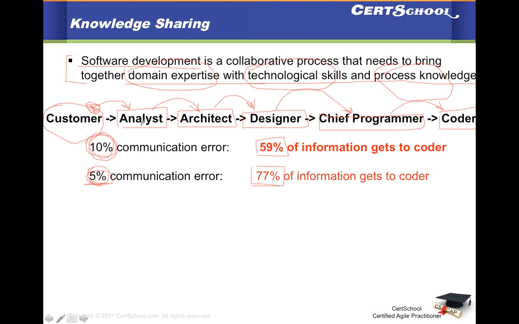So because of all this chain, you have lost more than 40% of the value just because of the way your communication is set up. And this is the traditional way of executing projects or producing product. It's possible that in your chain there may be one or two roles missing, but the whole point is there are a lot of hands through which knowledge is percolating down to the actual programmer.